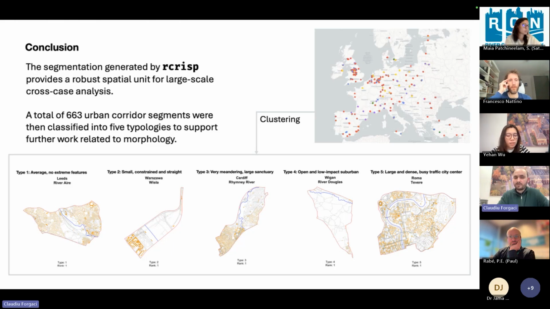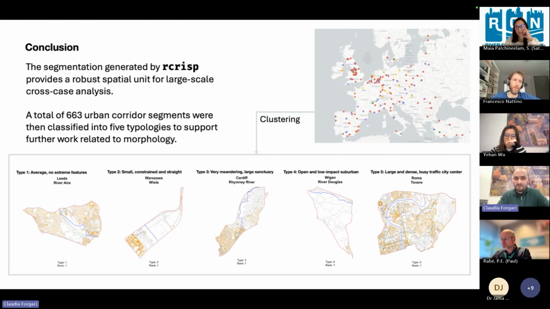Yeah, thanks, Yehan. Maybe one thing to mention before handing over to Francesco is that this is, let's say, our first or preliminary effort of constructing such a morphotypology. We call this a morphotypology, which can serve all kinds of applications.